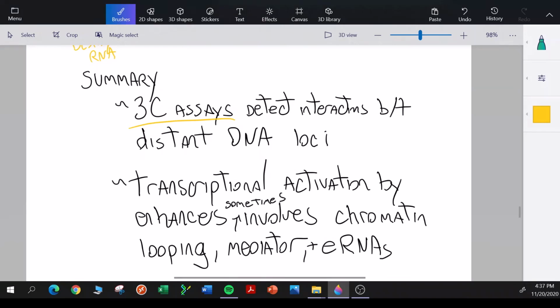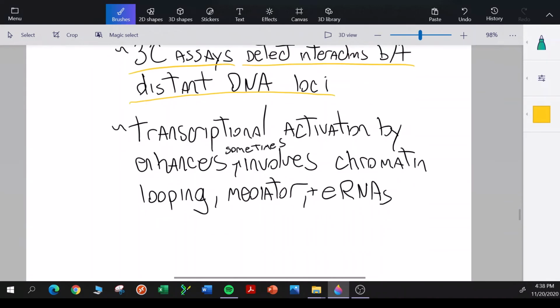So in summary, 3C assays, chromatin conformation capture assays, can be used to detect interactions between distant DNA loci. In this case, we were looking specifically at the KLK3 enhancer and the KLK2 gene promoter.